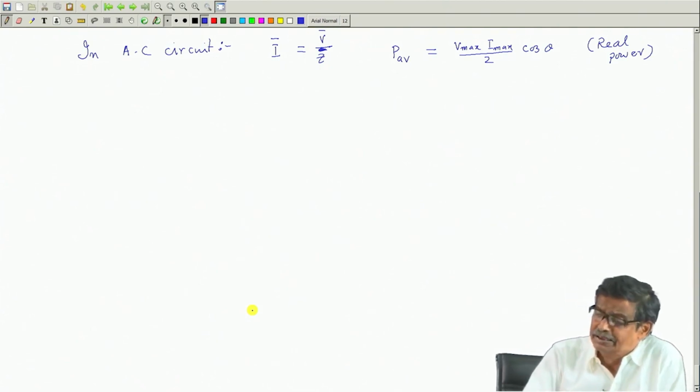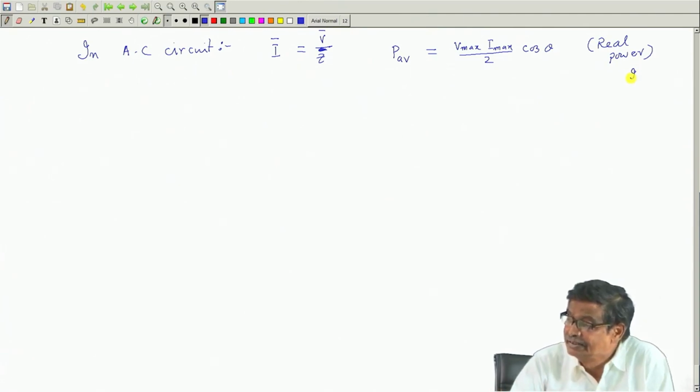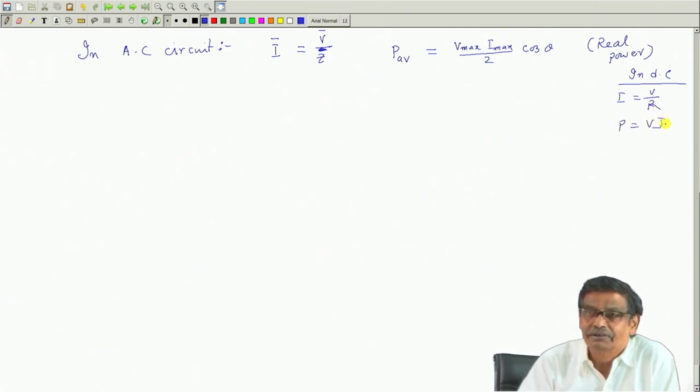So, only thing in DC circuit, I will just jot down here, in DC current is V by R, power is V into I, is it not?